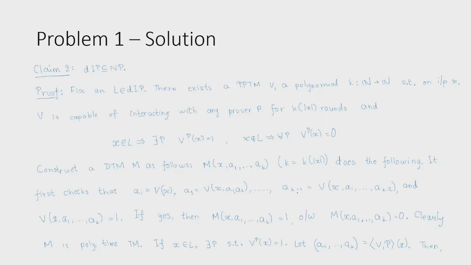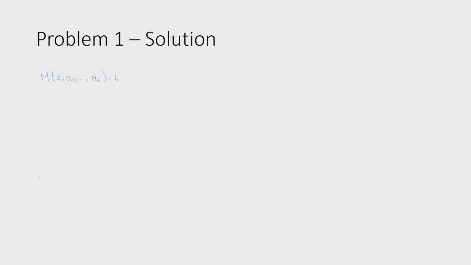And so on up till A(k-1) is equal to V on input X, A1 to A(k-2), which is also true because of the definition of A1 to AK. And finally, because X is in L and P is such that the output of V with P on X equals 1, V's output in the entire interaction is also 1, right? So all the checks pass and M outputs 1.